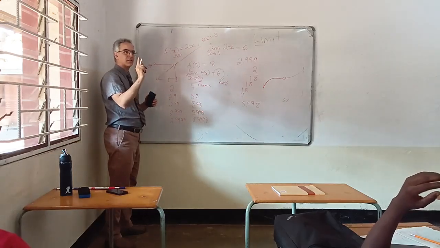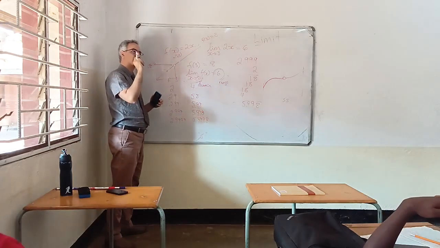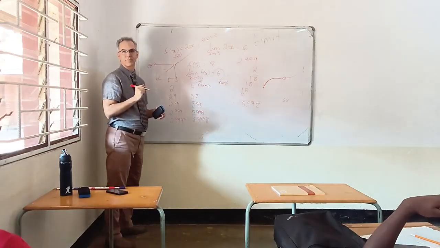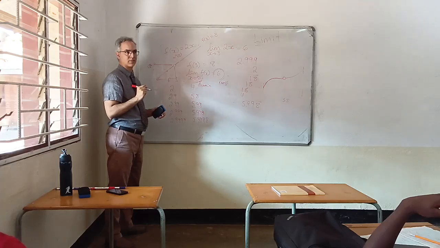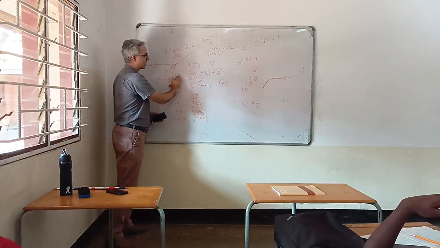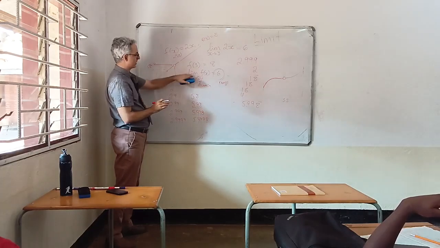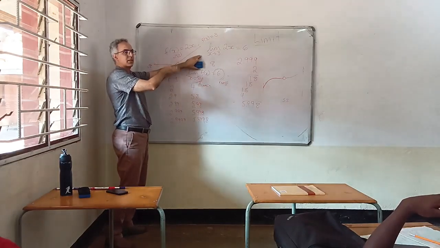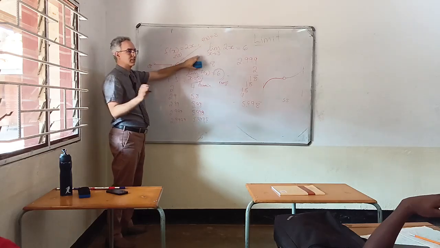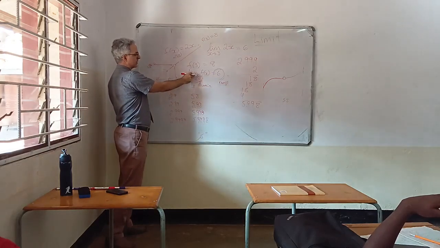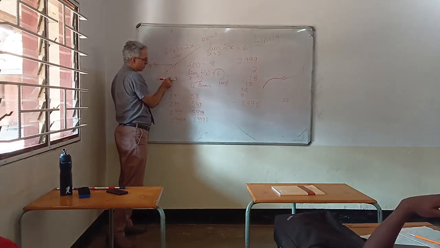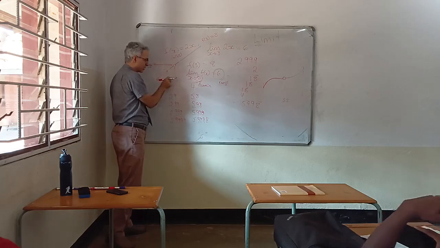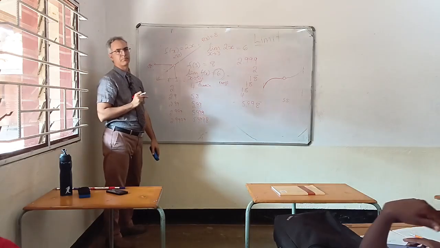So the limit does not care what the value of the function at the point is. You don't care what f of 3 is when you're doing the limit. f of 3 can be whatever it wants, it can be undefined, I don't care. When I'm asking about the limit, I'm just getting closer to 3 in the domain. I don't care what happens at 3, just what happens when I get closer to 3. That's all.